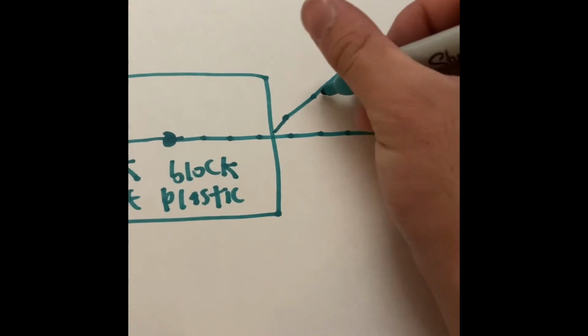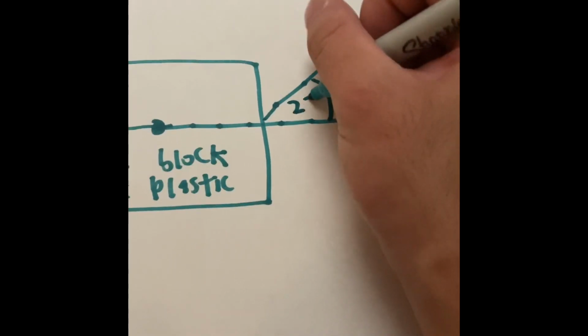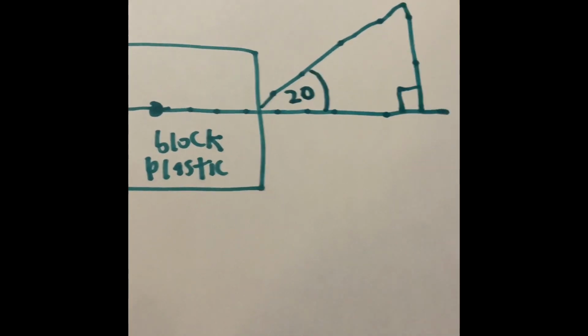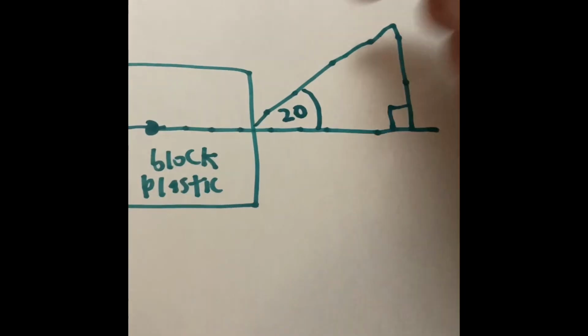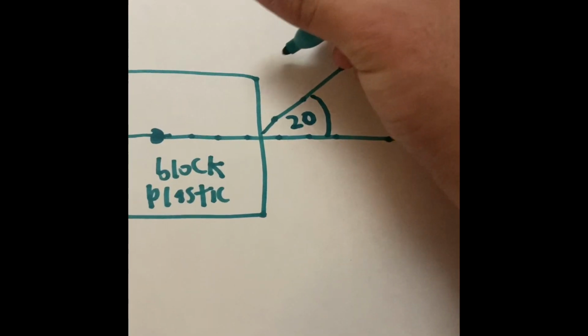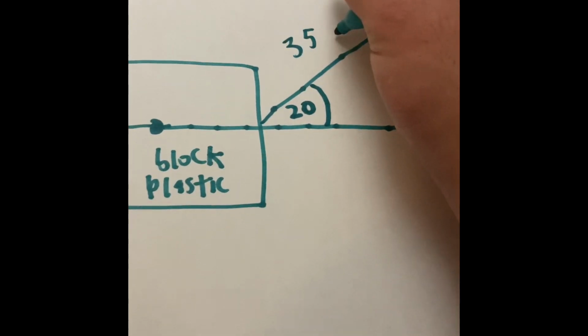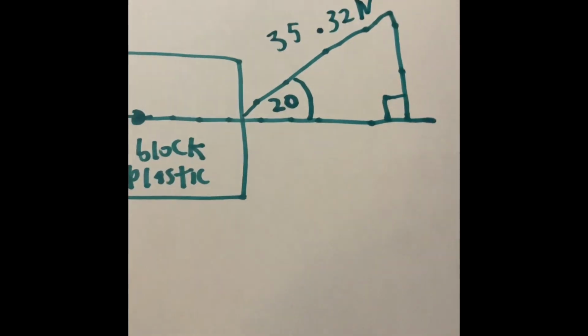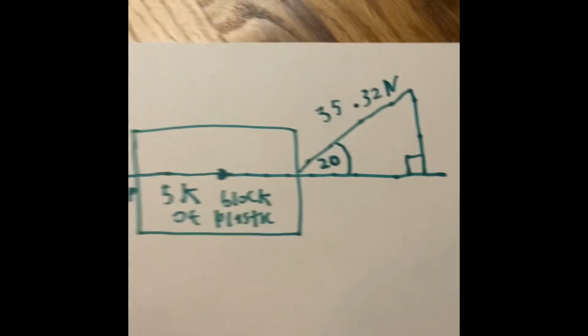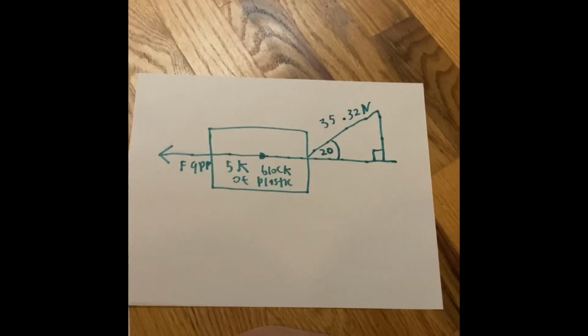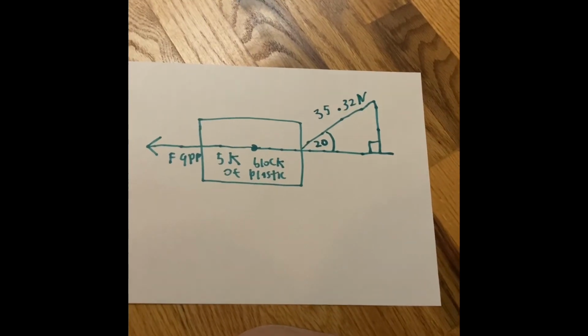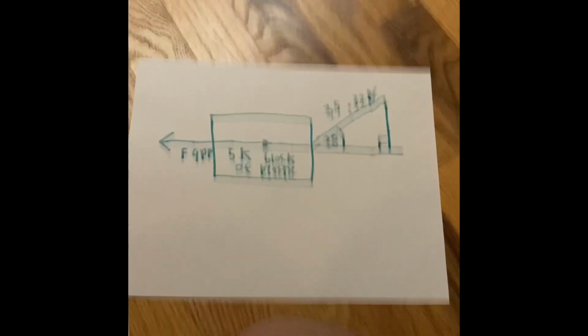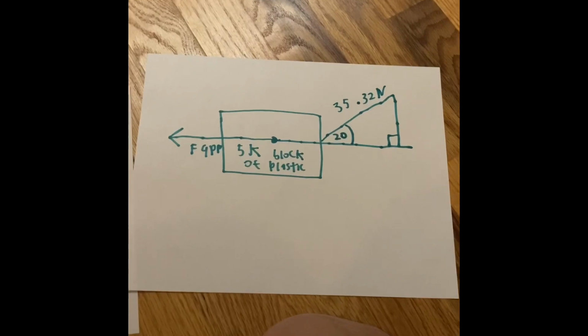Let's say your arm is 20 degrees from the top, and your force pushing down on the block this way is going to be 35.32 newtons. Let's see what happens. So you're trying to push a block to the left with 35.32 newtons at a 20 degree angle.